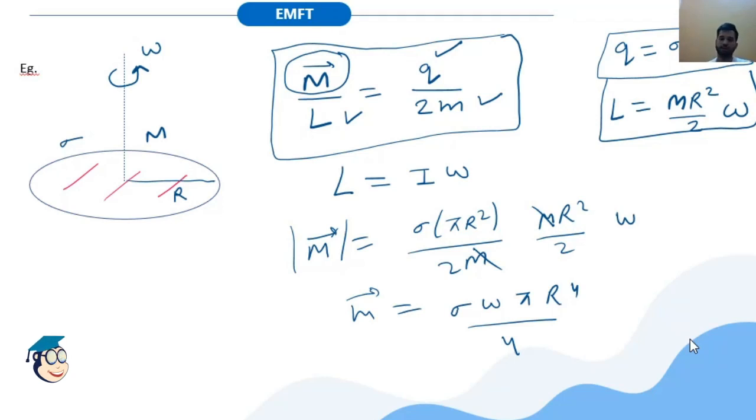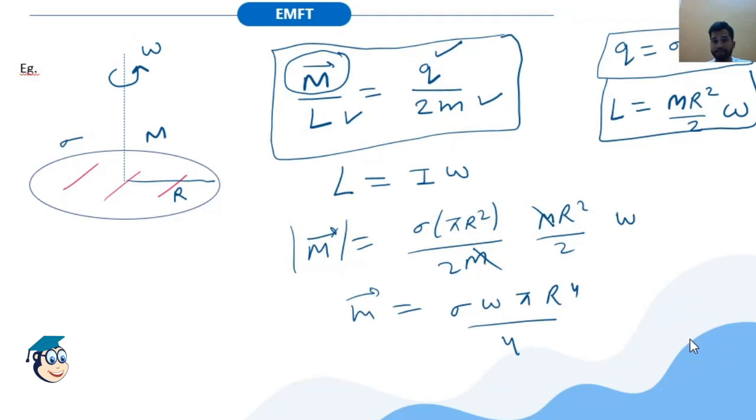You just need to know the moment of inertia of that body, and the rest of the things are very easy to calculate. You can practice more and more questions, and if IIT JAM 2021 asks something related to this, you can use this relation. Even this relation is very important, and this can be directly asked in a question in any form.